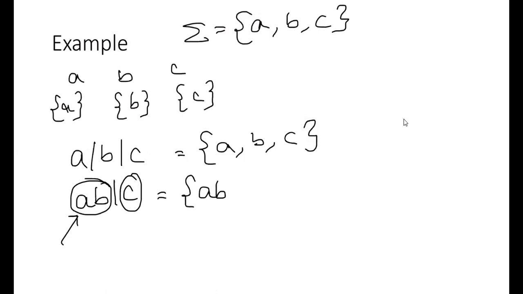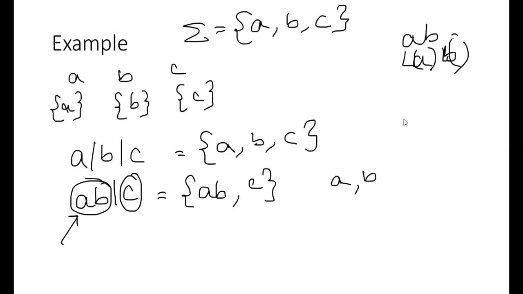So here I can again break down AB to be what? A followed by B, language of A followed by language of B. So I will have AB here, or I can have C. I do not have A and B separately. Why? Because this is not separate.